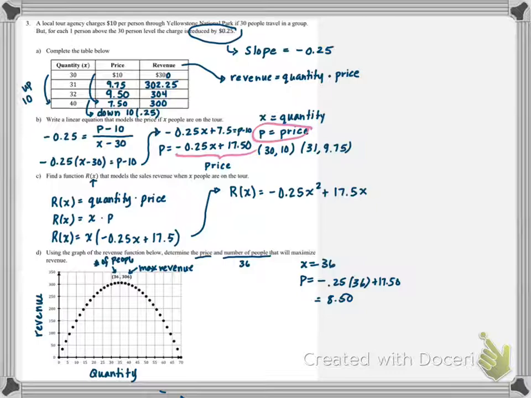And so revenue is maximized with a group of 36 people at $8.50 per person.